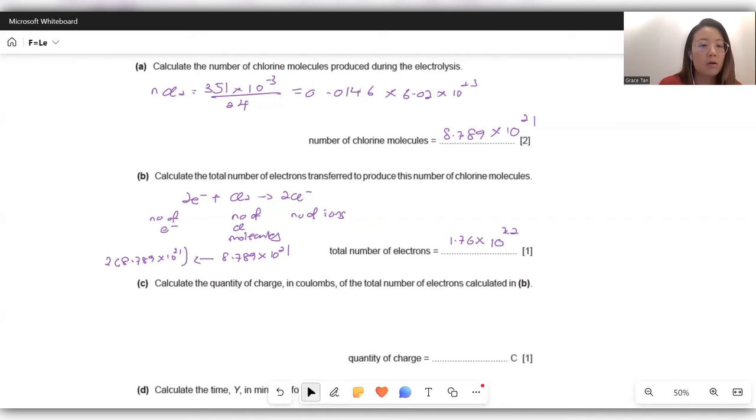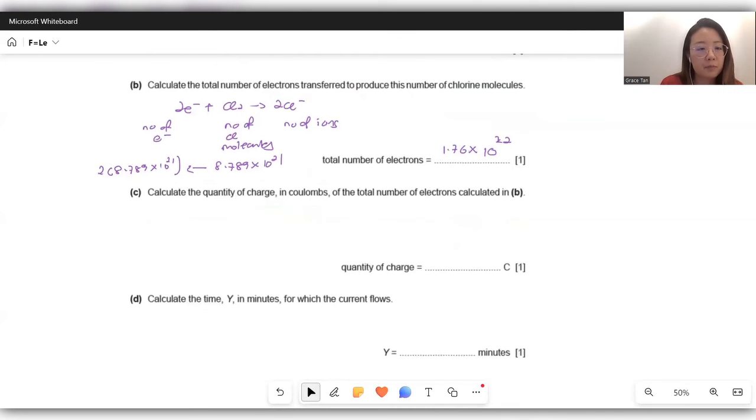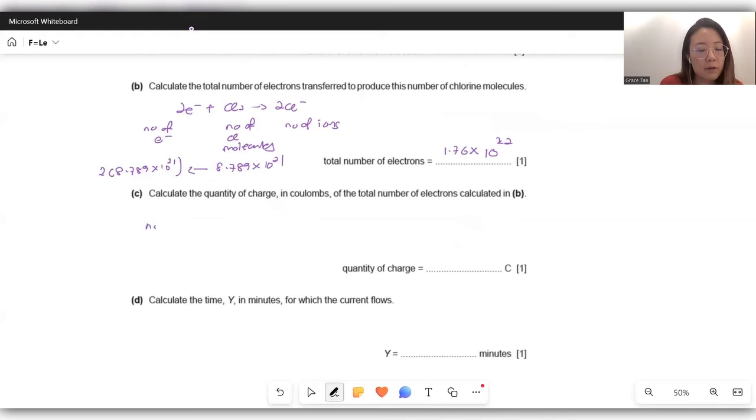Okay, calculate the quantity of charge. Remember the formula: number of electrons equals Q, the quantity of charge, divided by the electronic charge. So the number of electrons is 1.76 times 10 to the power 22.